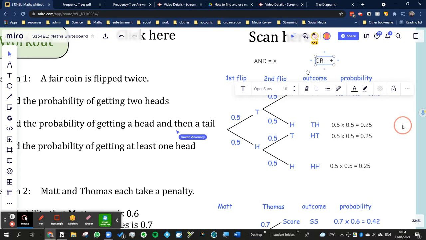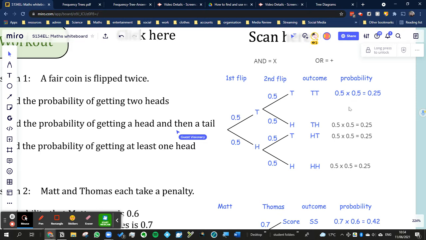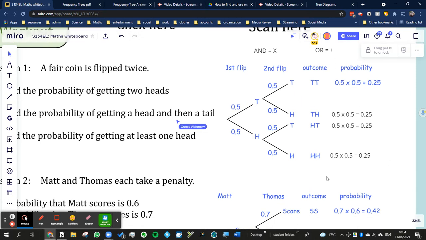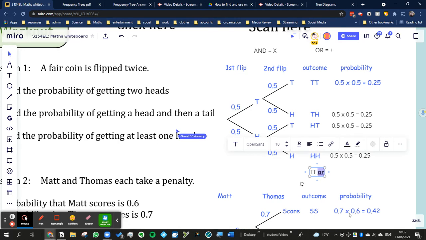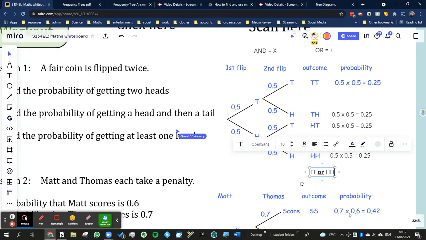So I'll write it down below here. What's the probability of getting tails, or let's just underline or and bold it, tails or heads? Well, it's going to be equal to the probability of each one added together. 0.25 plus 0.25 is 0.5. So that's the rule.